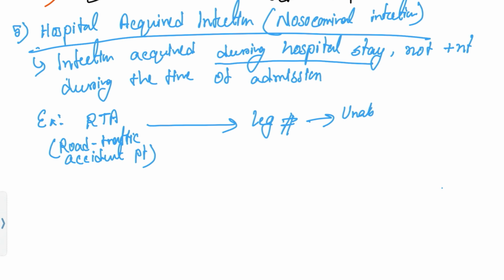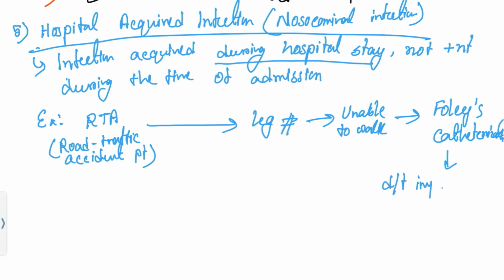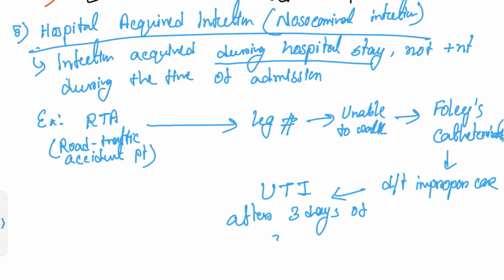As he is unable to walk, you provide him a fracture bed and you do Foley's catheterization, as he needs to urinate in bed only. Now due to improper care, the patient developed UTI after 3 days of admission. So that is an example of hospital acquired infection.